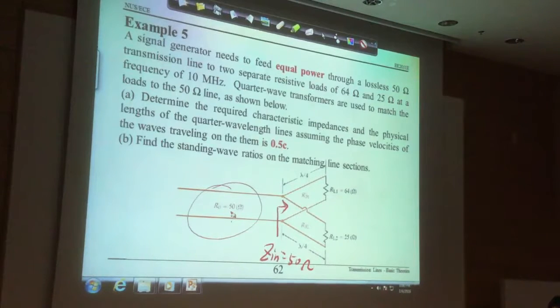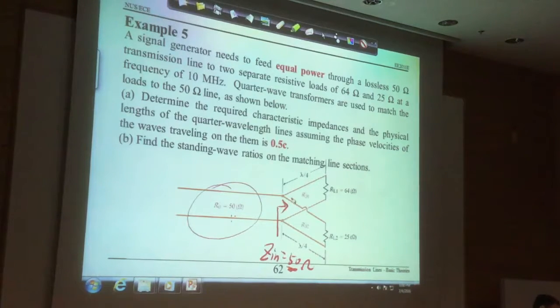Now, to achieve 50 ohm, since it's equal power distribution, we should have two parallel resistances with equal value.